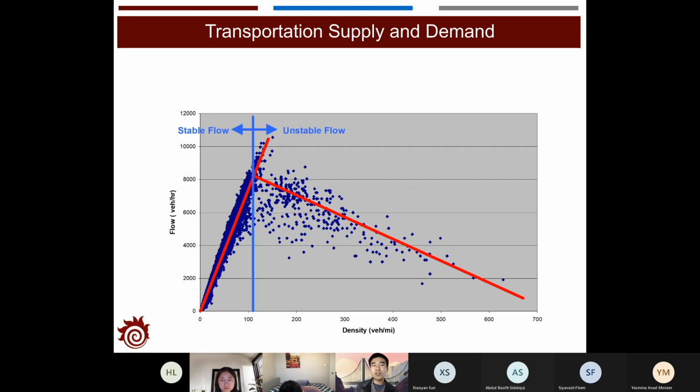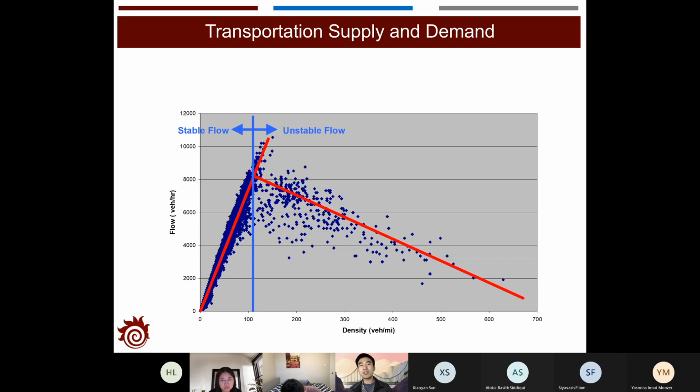This is one typical relationship, a triangular fundamental diagram. When the road is not congested, you observe a linear relationship between flow and density, and the vehicles are moving at a constant speed.